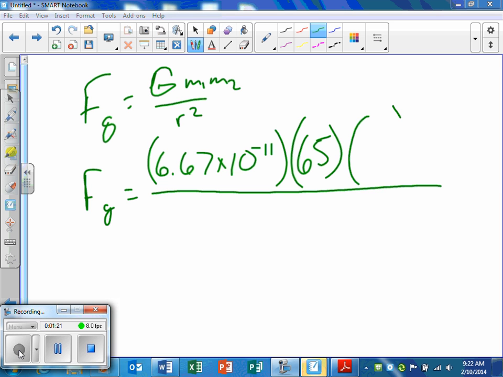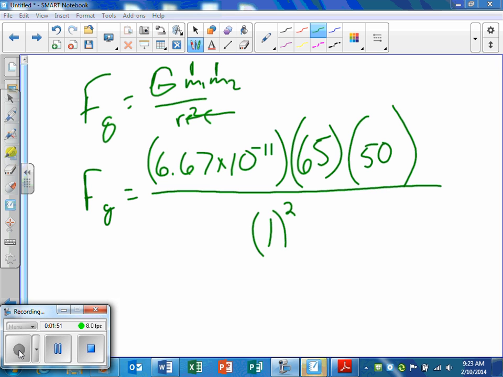And Mickey, your mass in kilograms? 50, we'll say, for fun. And how far away are you guys? You're 1 meter from each other. Okay, so that's what all these things are: mass 1, mass 2, the distance, well that's the square, but the distance between the two centers of mass.